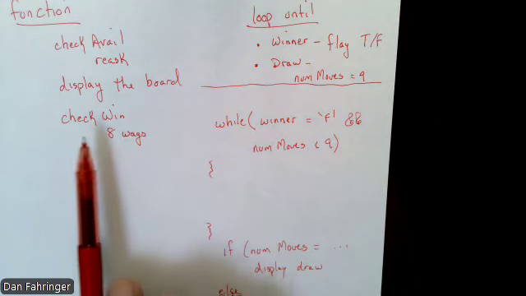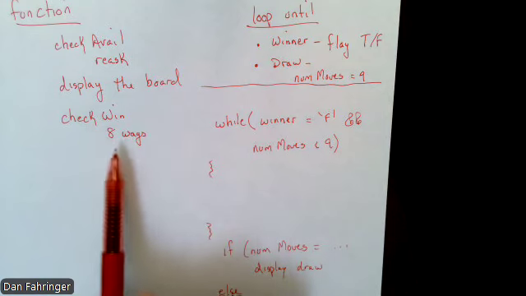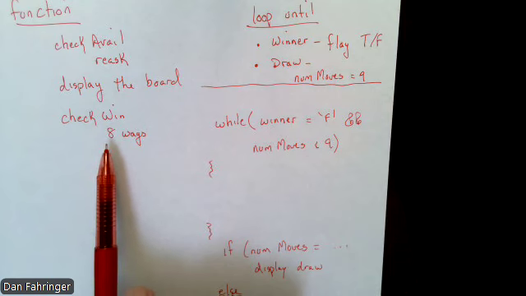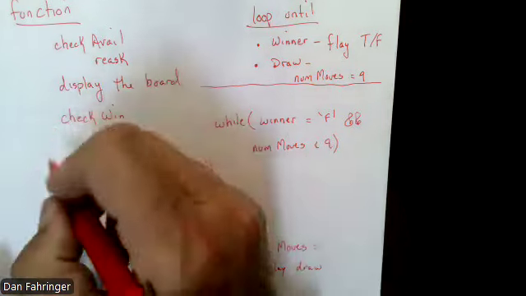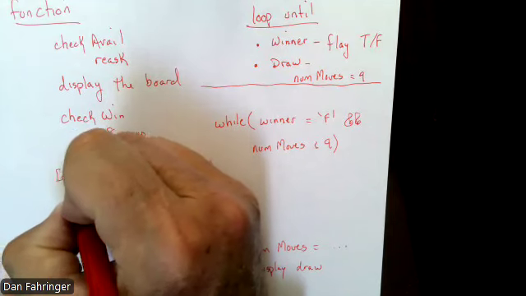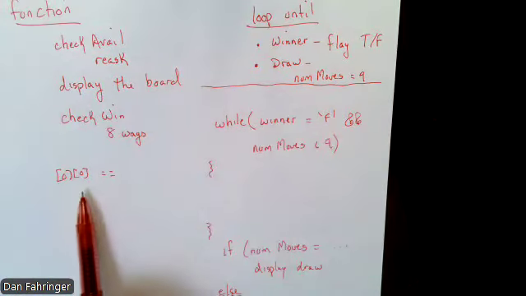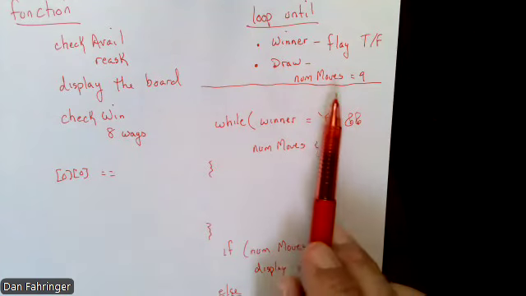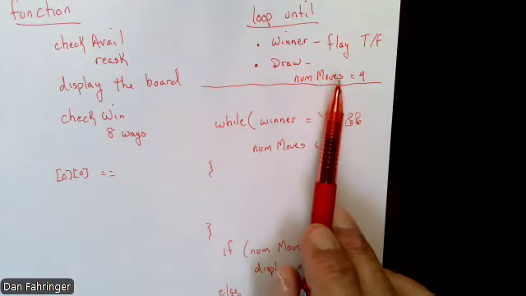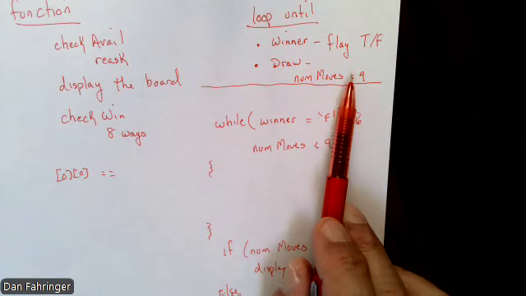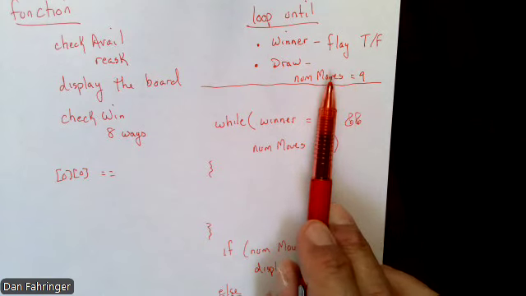Okay. Nima, you're going to check the 8 ways to win. And all of a sudden you're checking if 0, 0 is equal to, keep going. Man, that's kind of a long one. And I would need somebody to do some work to say, if they enter a 1, it's location 0, 0.